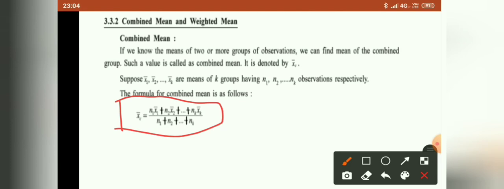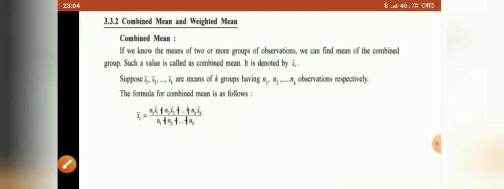So the formula is n1 x bar 1 plus n2 x bar 2 and so on, upon n1 plus n2 and so on. n1 means the number in group 1 and x bar 1 is the mean of group 1. n2 is the number in group 2 and x bar 2 is the mean of group 2, upon n1 plus n2. This is the formula to find combined mean.